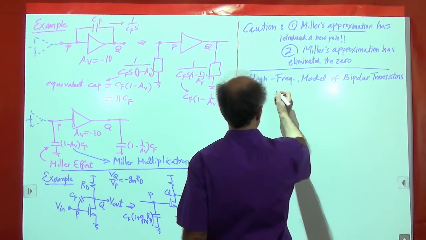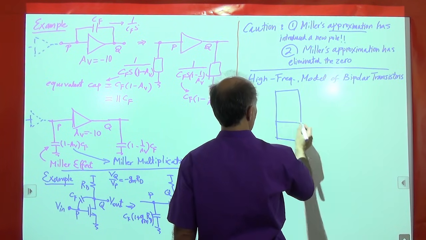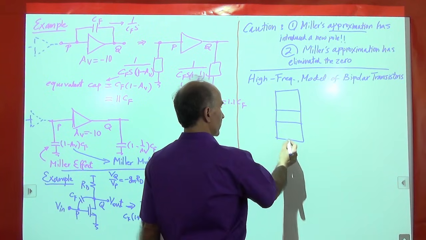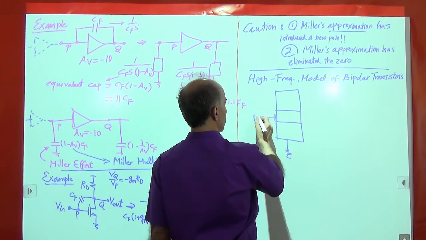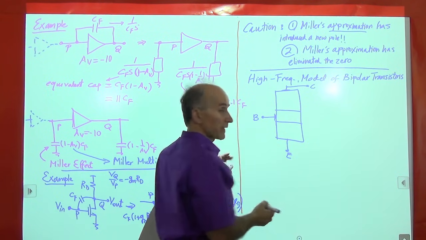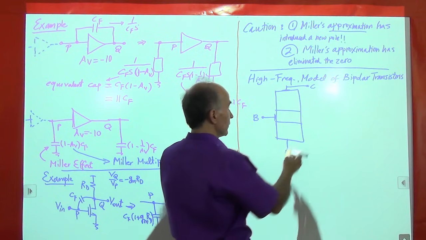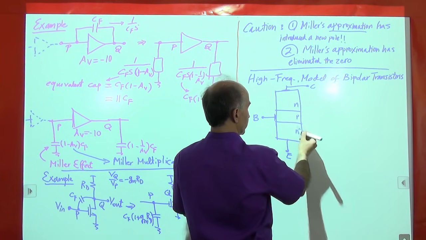Okay, well, it's not that hard. Here's our simple structure that we've seen in Electronics 1. We have the emitter terminal here, the base terminal here, and the collector terminal here, right? And for example, in an NPN transistor, usually we have N here, P here, and N plus here.